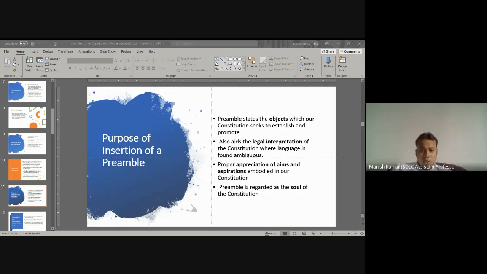If you look into the Objective Resolution, you will find the words sovereign independent republic have been used, but the Constituent Assembly changed it to sovereign democratic republic, and you will find the words sovereign democratic republic in the preamble of the Indian Constitution, which sometime back was visible on your screen and read by Rahul.